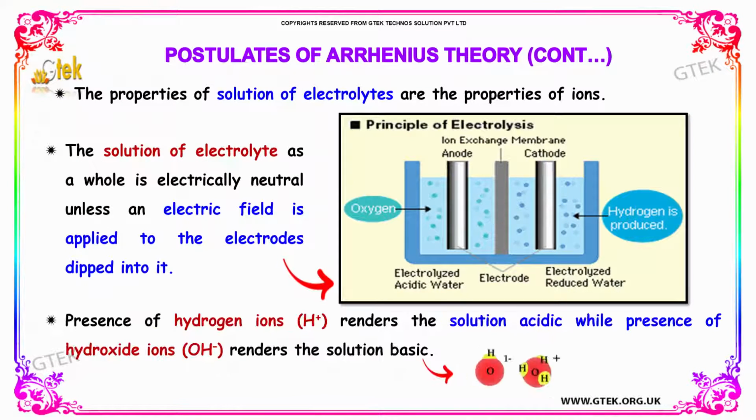So the properties of solutions of electrolytes are the properties of ions. The solution of electrolyte as a whole is electrically neutral unless an electric field is applied to the electrodes dipped into it. Presence of hydrogen ions renders the solution acidic, while presence of hydroxide ions renders the solution basic.